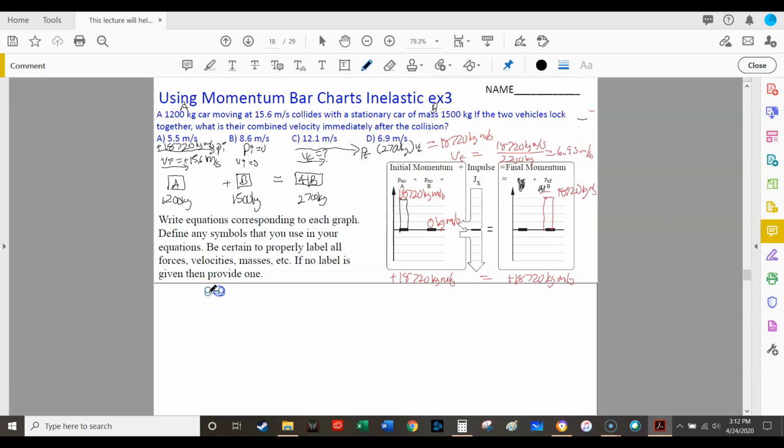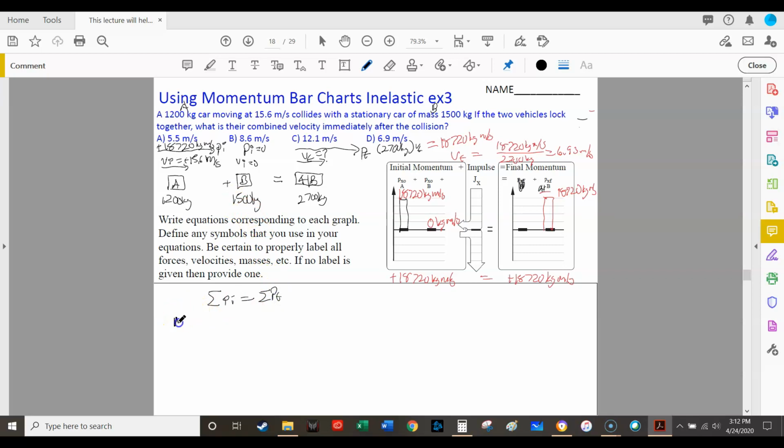So let's start off creating our equations again. And again, you've got to state that the entire system is blocks A and B. Okay, that's the system. There's no external system to this.